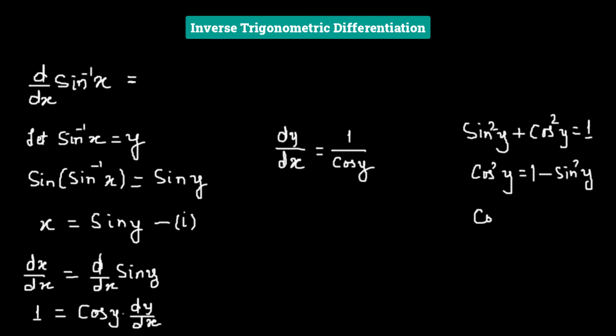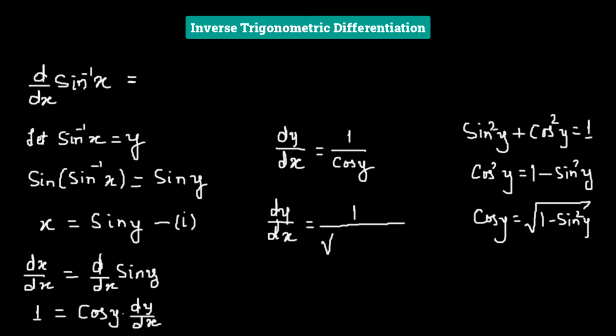So that gives us cosine of y equals the positive square root of 1 minus sine squared y. So we're going to replace cosine of y with the square root of 1 minus sine squared y. So that gives us dy over dx equals 1 over the square root of 1 minus sine squared y.